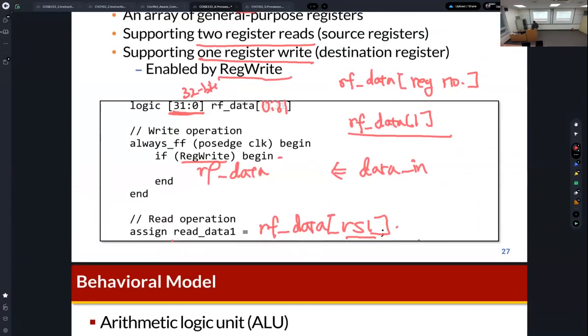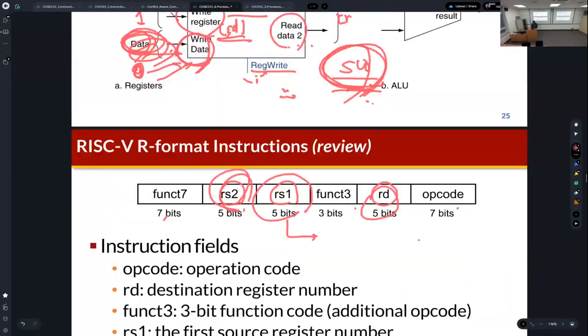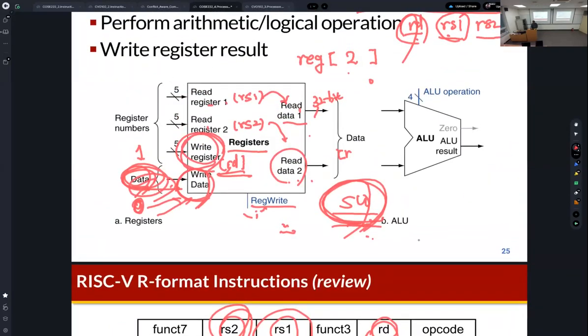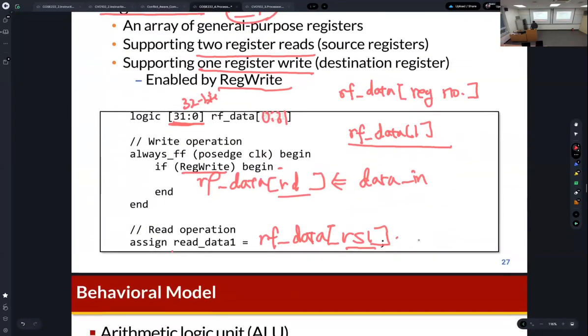RF data is updated by data in, but each element is indexed by RD. So RF data indexed by RD is updated by data in, the input data to the register file, if read write is 1.